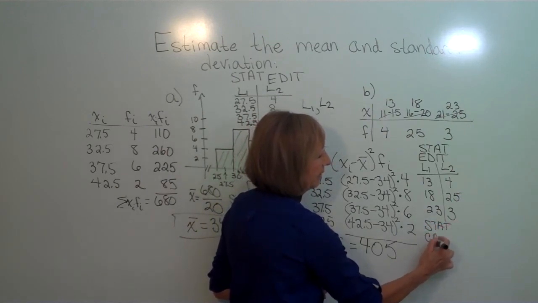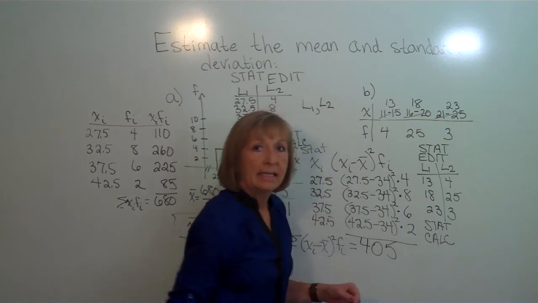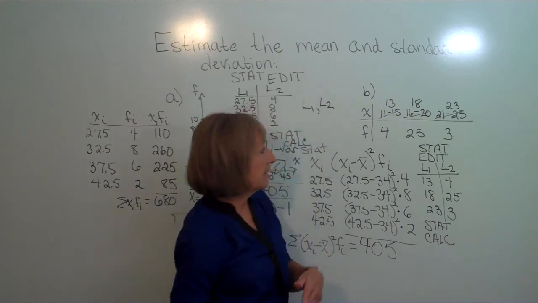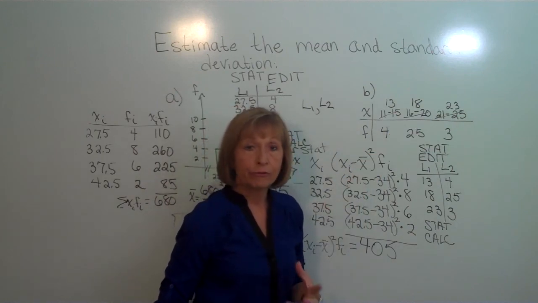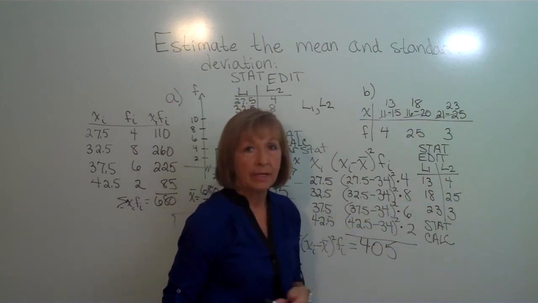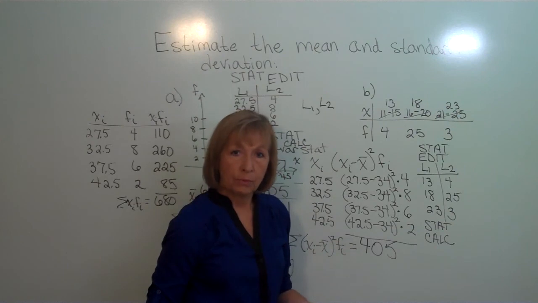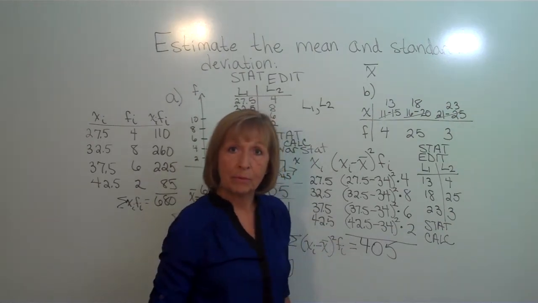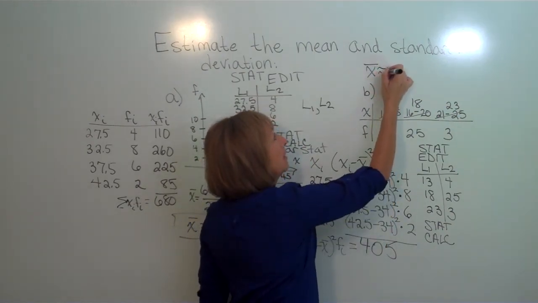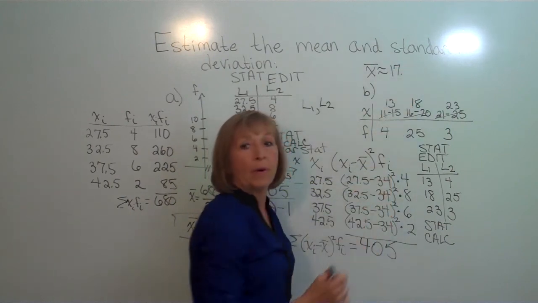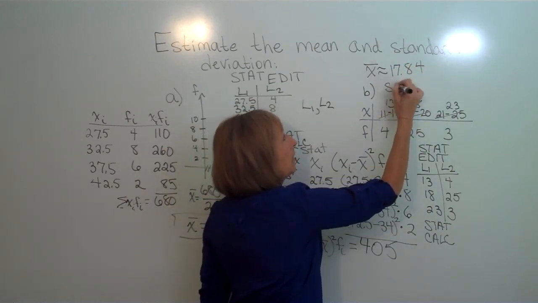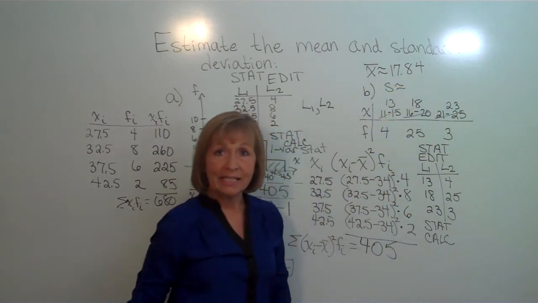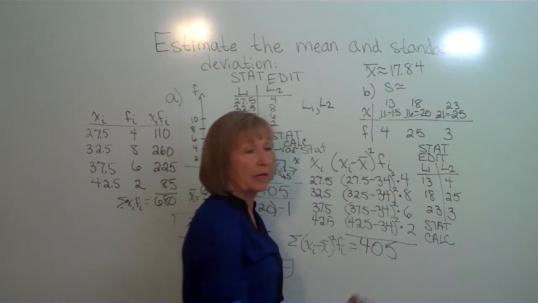This time calculate. And then our x list is L1. That's where we put the x numbers. And our frequency is L2. And when we go through and work with that, x bar, our sample mean, is approximately 17.84. And our sample standard deviation is approximately 2.37.